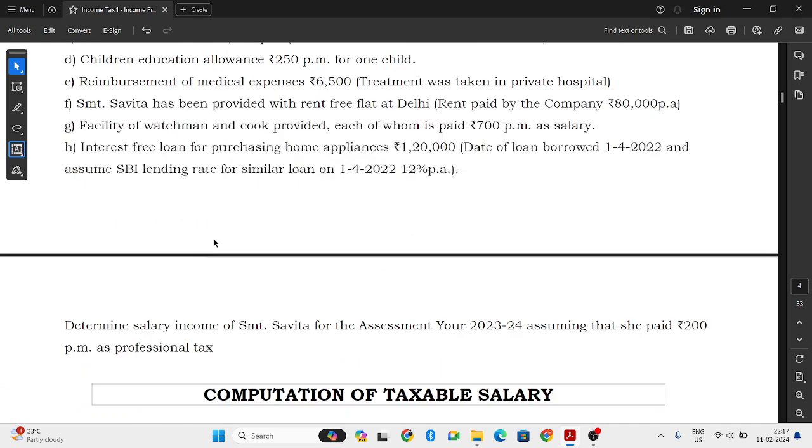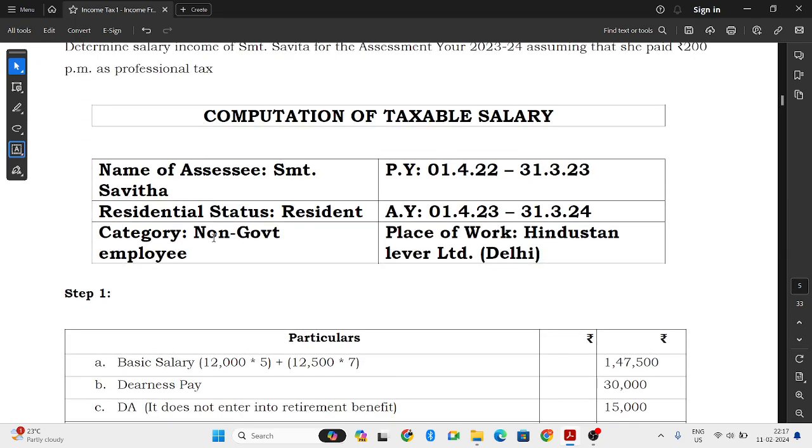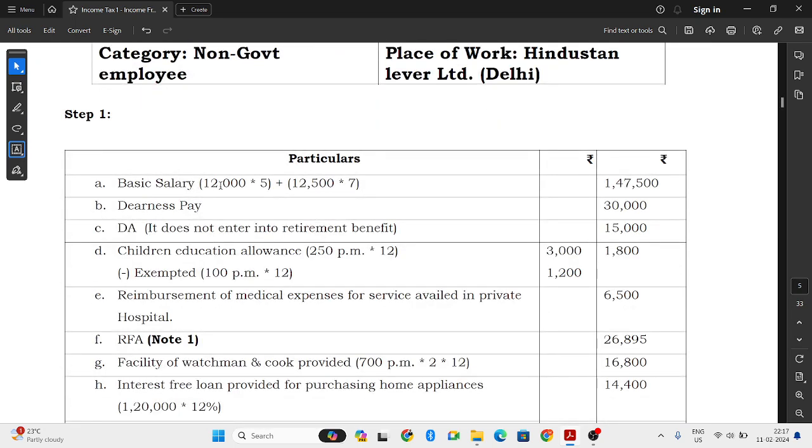First is the computation of basic salary. From April, May, June, July, August, 5 months, she's receiving 12,000 per month, so 12,000 into 5 months. From September, October, November, December, January, February, March, 7 months, she is receiving 12,500 per month, so 12,500 into 7.